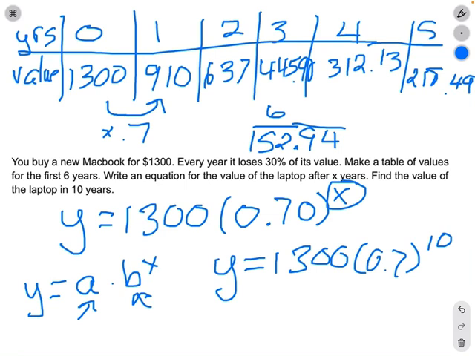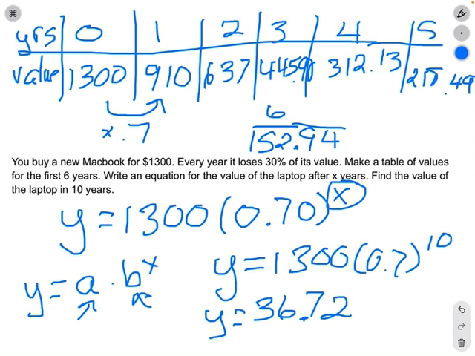So I'm going to do 1,300 times 0.7 to the 10th. And at the end of 10 years, my laptop will be worth about $36.72.